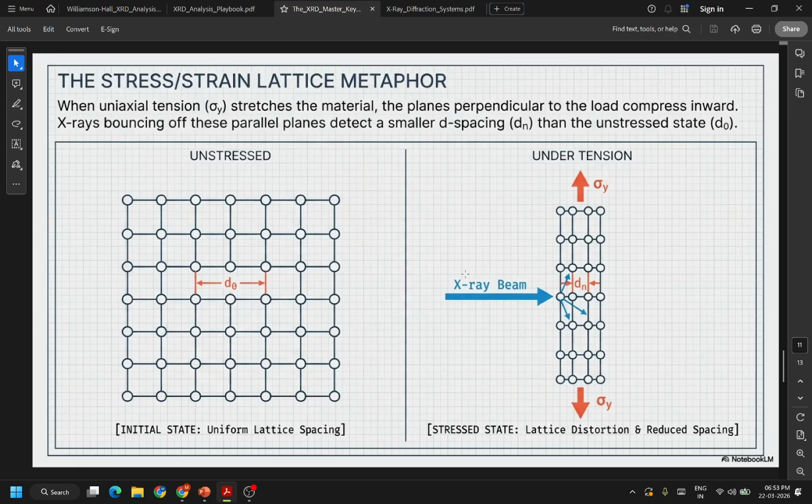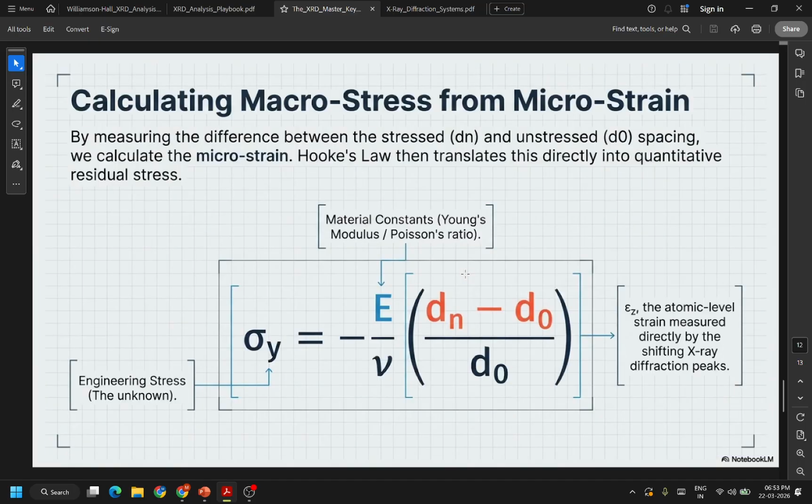An unstressed material will have lattice spacing d naught, and under tension or compression it will change to d n. So the lattice will be distorted and your line spacing will change, and that will result in a change in your X-ray peaks.